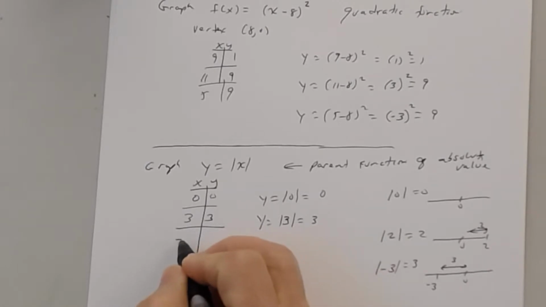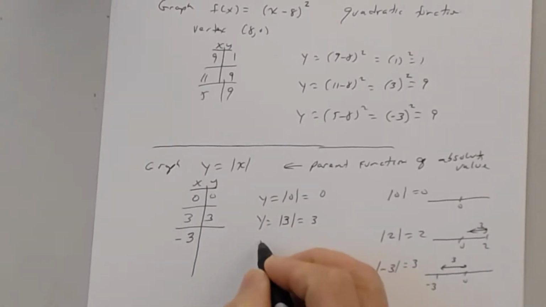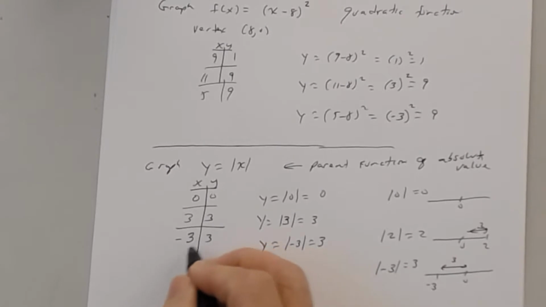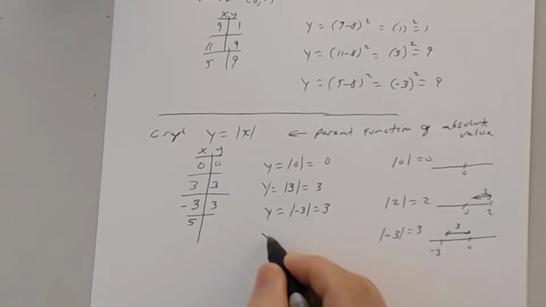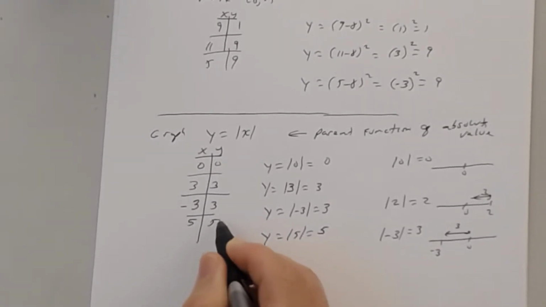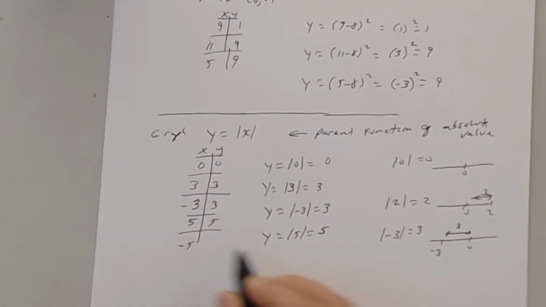If x is negative 3, I get y equals absolute value of negative 3, which is 3. If x is 5, I get y equals absolute value of 5, which is 5. If x is negative 5, I get y equals absolute value of negative 5, which is 5.